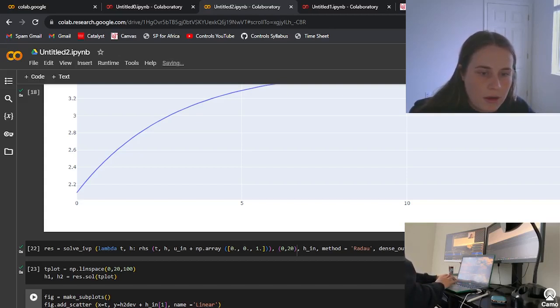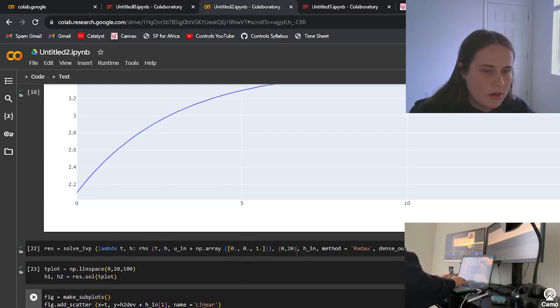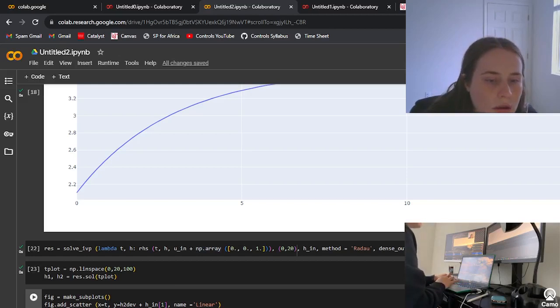And then we want to do fig.update_layout, and we will have the width equal to 600 and the height equal to 400. We'll return that.